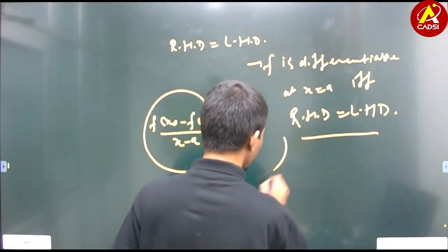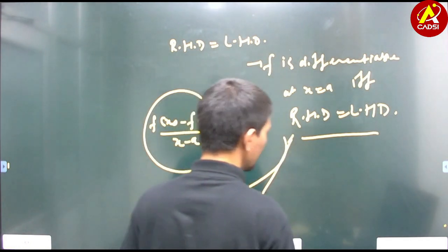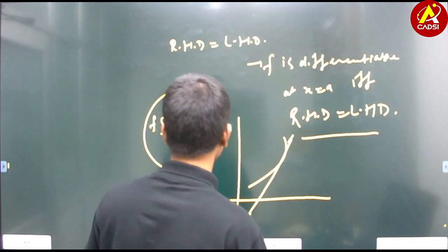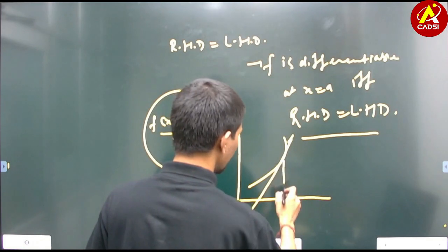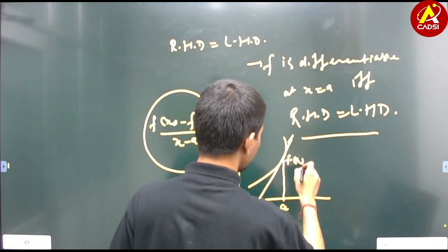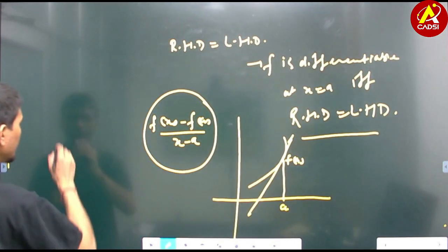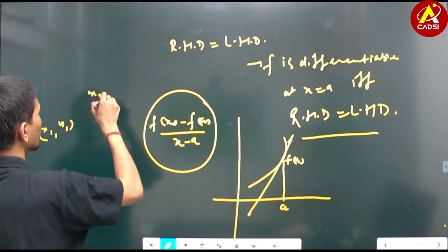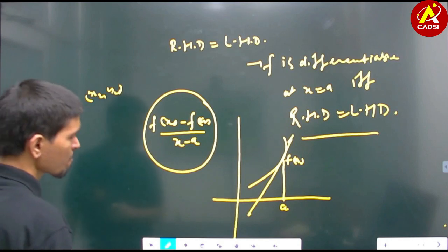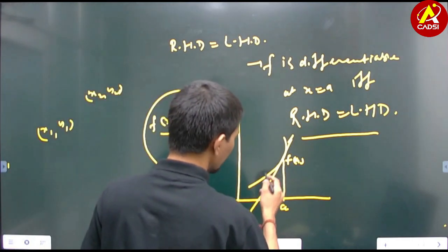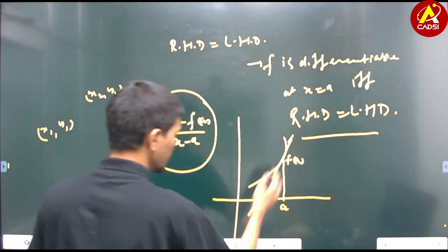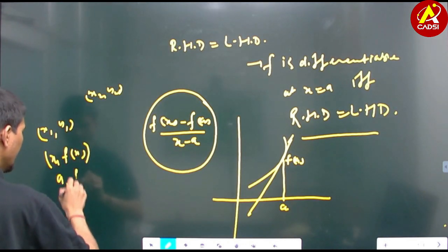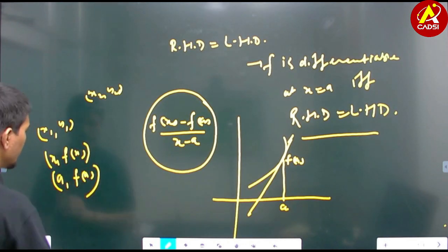Because if we take two points, (x1, y1) and (x2, y2), suppose we take any point on this curve, (x, f of x), and (a, f of a). So these are the two points.